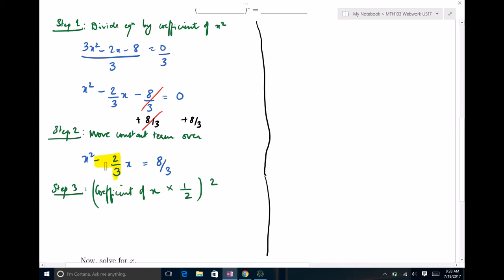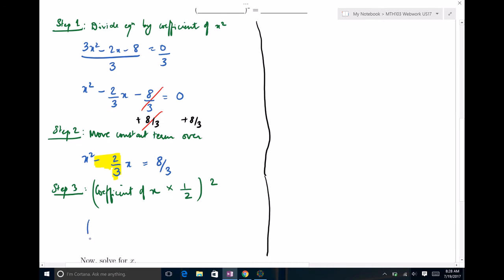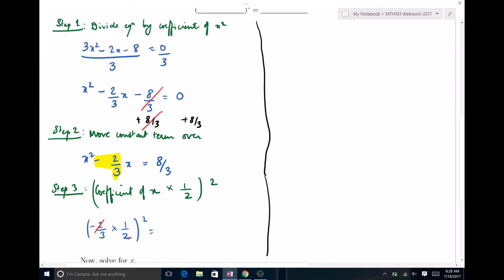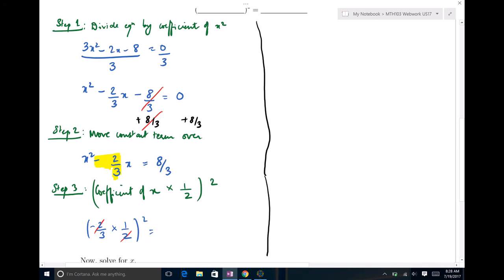We'll also keep in mind the sign. It's negative 2 over 3. And so we take negative 2 over 3 and multiply it by 1/2 and then square it. Let's simplify this a little bit. The 2's cancel and I'm left with negative 1/3 squared, which is positive 1/9. A negative number squared is positive.